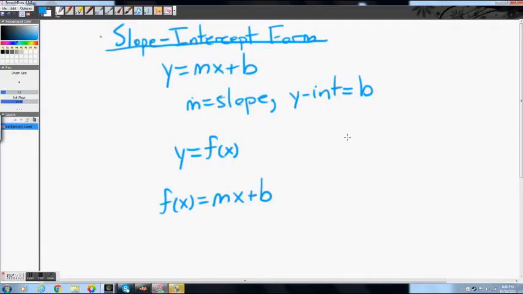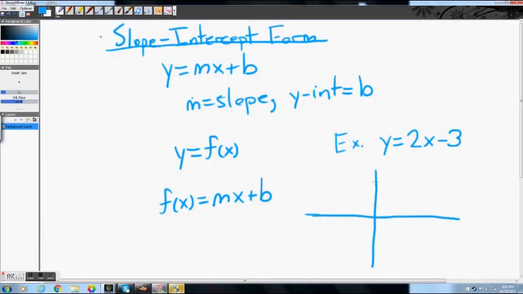So let's start with an example: y equals 2x minus 3.